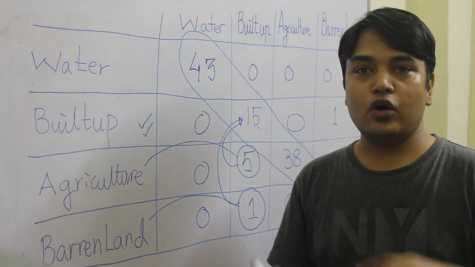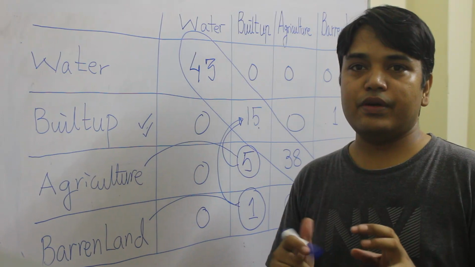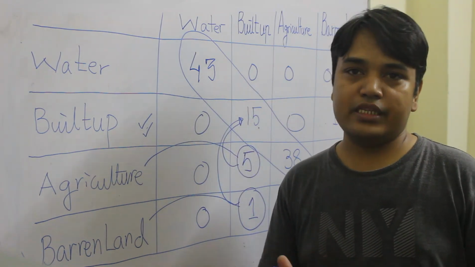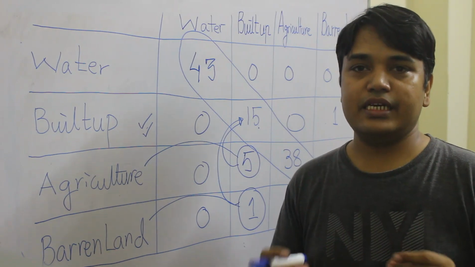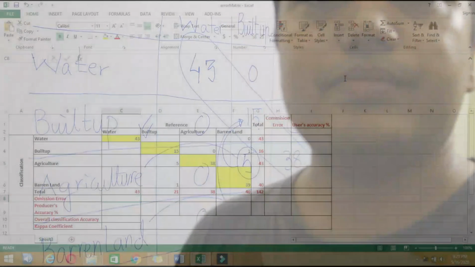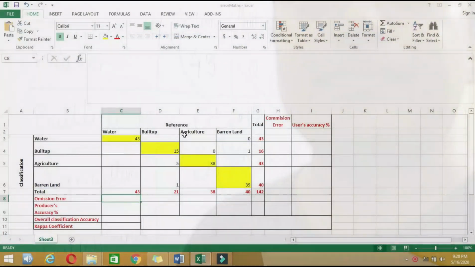Now we will go to our computer screen, put all this information into an Excel sheet, and calculate all the other statistics. Let's go to the computer screen. Now we have converted what we had on the board into an Excel sheet.